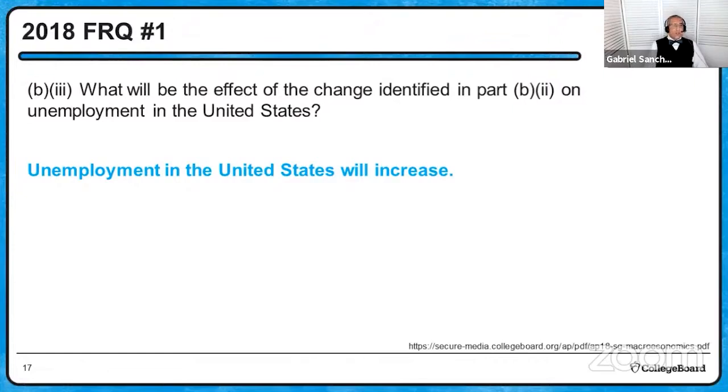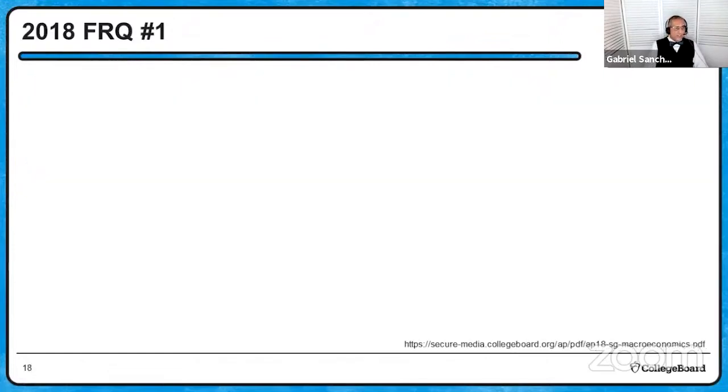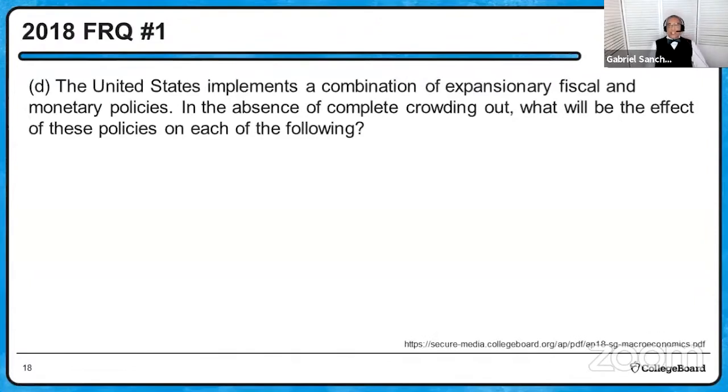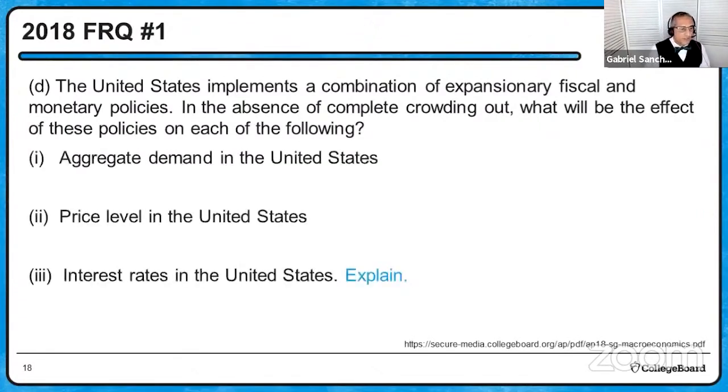All right, let's move now to the last part of this question. Part D: the United States implements a combination of expansionary fiscal and monetary policies. In the absence of complete crowding out, what will be the effect of these policies on each of the following?